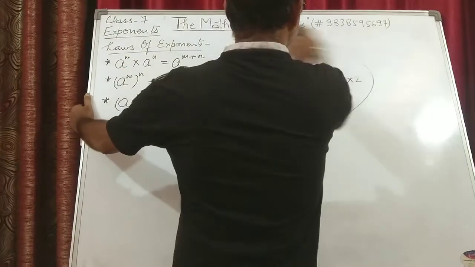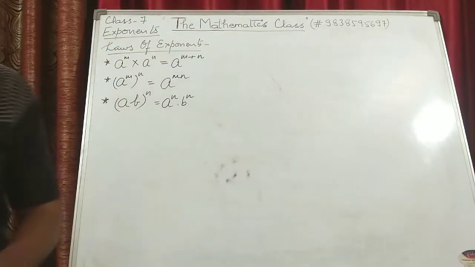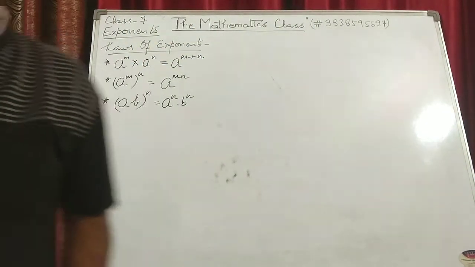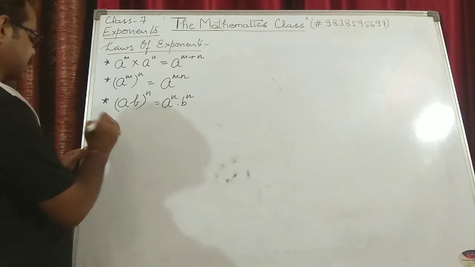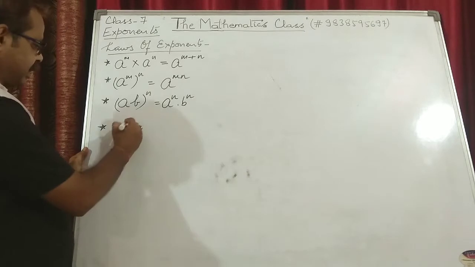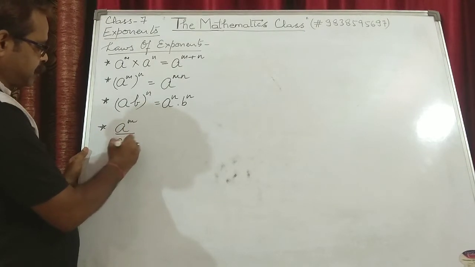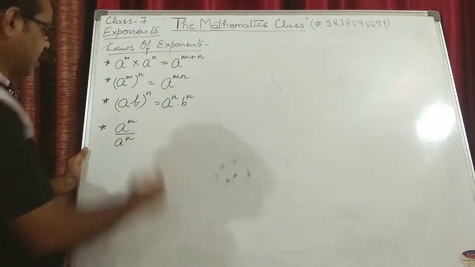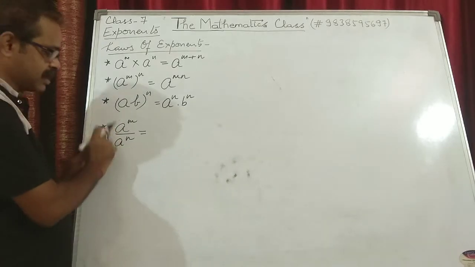Now we move on to the next part, that is the fourth law. That is about division. In the book different things are given, but I can say if a to the power m upon a to the power n is there, what happens if we take the denominator, if the bases are equal?